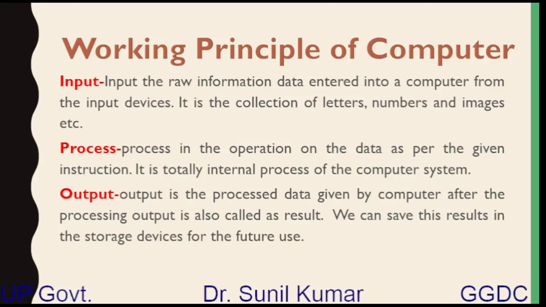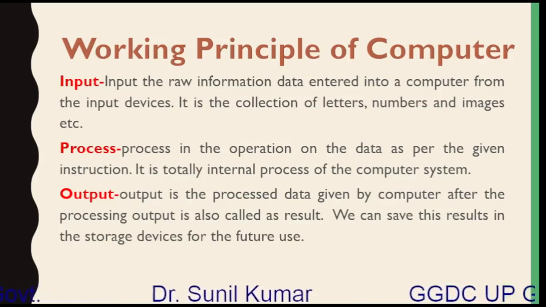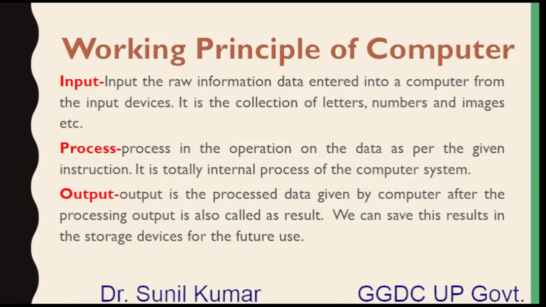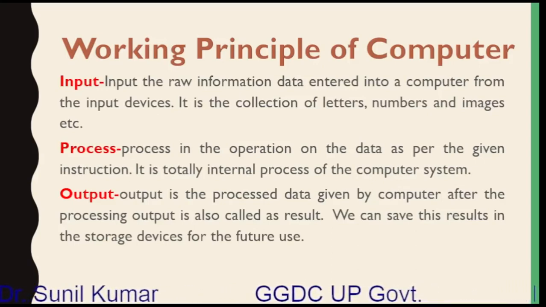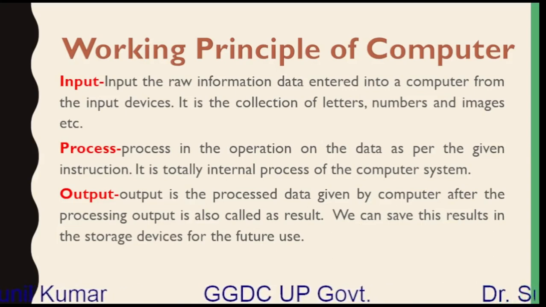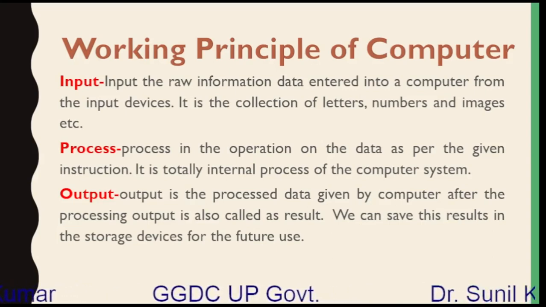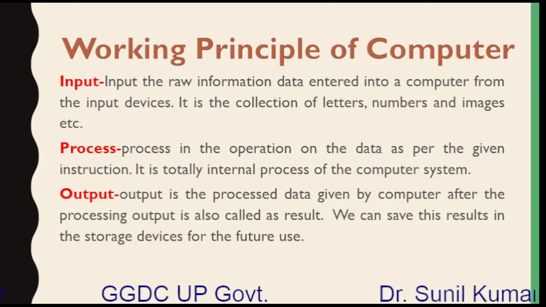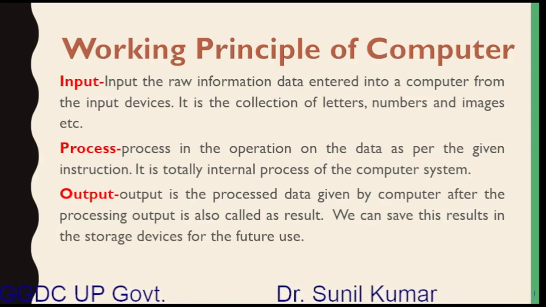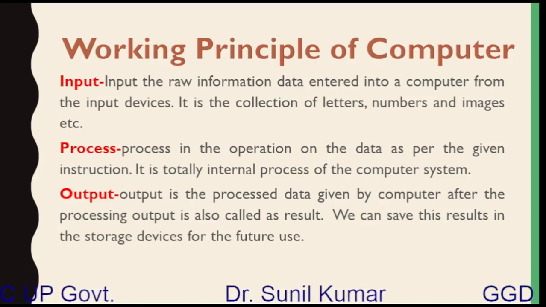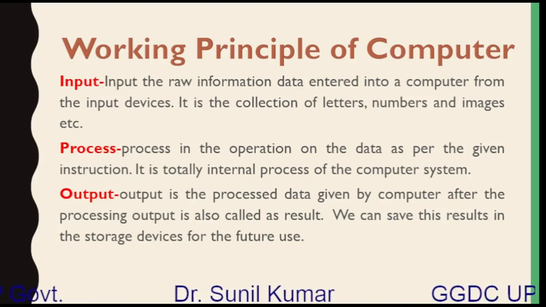Working principle of computer: input, process, and output. Input: the raw information or data entered into a computer from the input devices. It is the collection of letters, numbers, images, etc. Process is the operation on the data as per the given instruction.